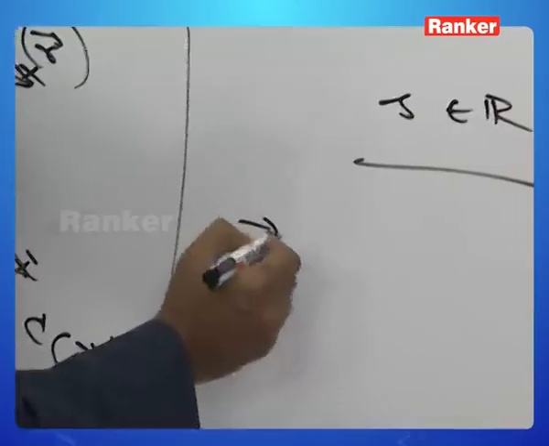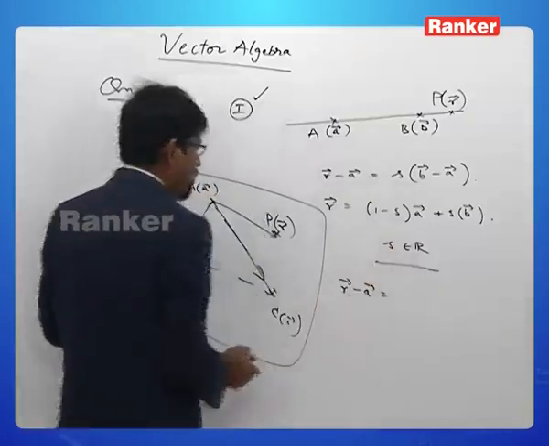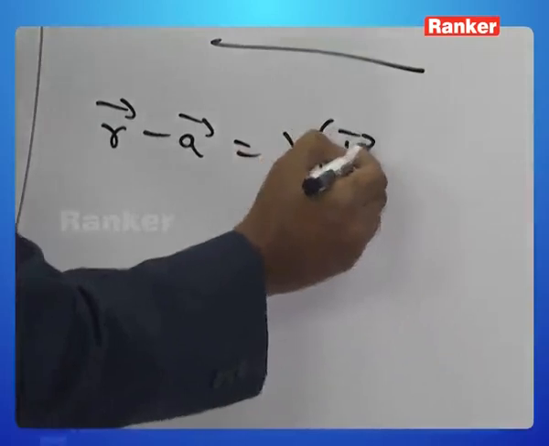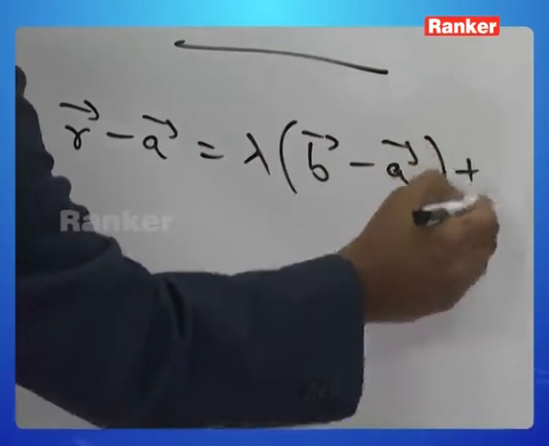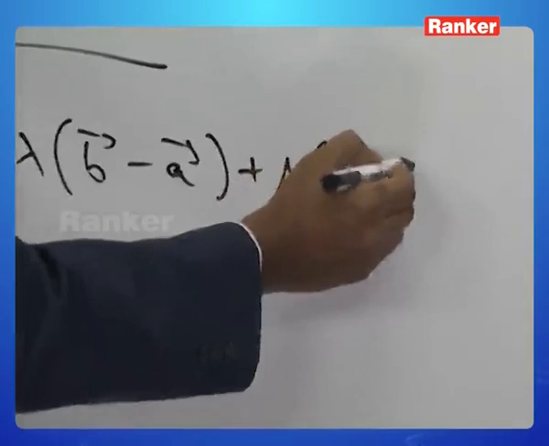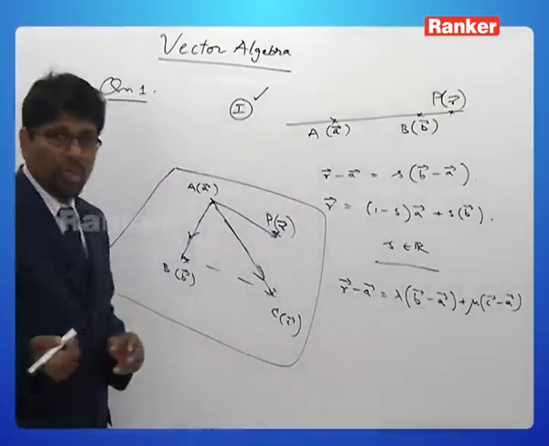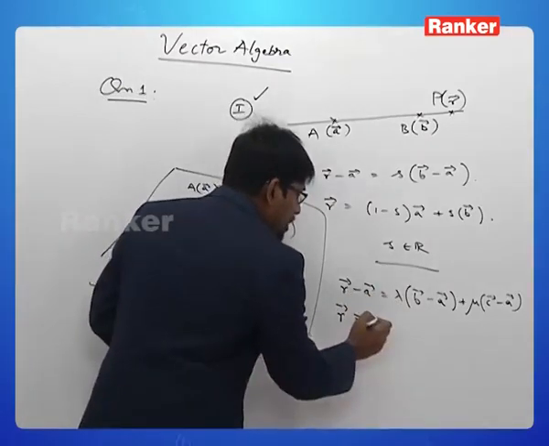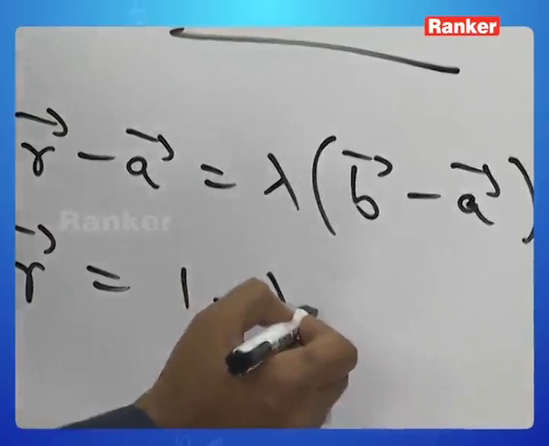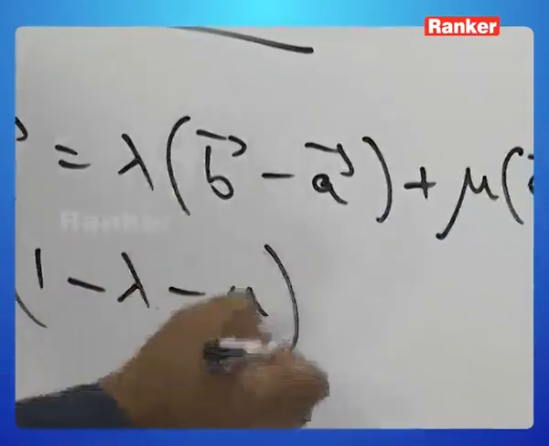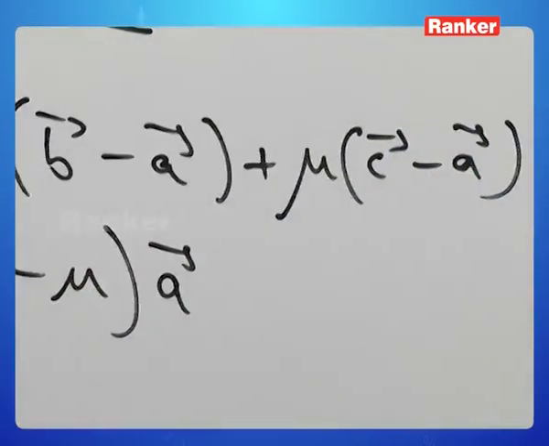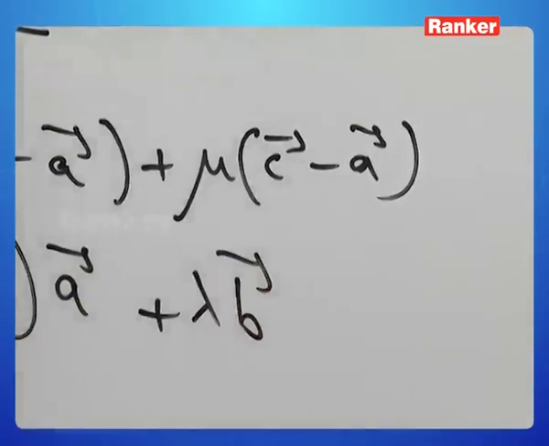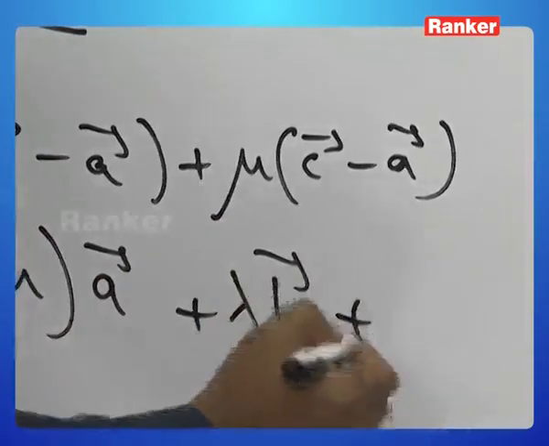So we can write R bar minus A bar as lambda times B bar minus A bar plus mu times C bar minus A bar. Which means you can write R bar equals, clubbing the A terms, (1 minus lambda minus mu) into A bar plus lambda into B bar plus mu into C bar.